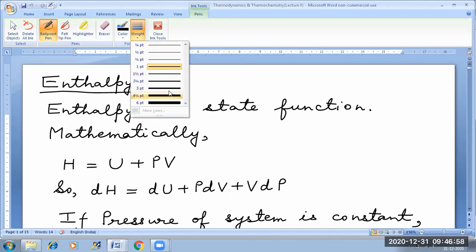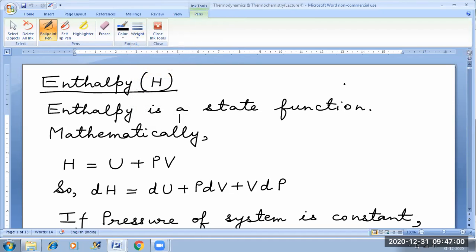Enthalpy. Capital H is called enthalpy. What is enthalpy? Enthalpy is heat, but it is that heat when the pressure of the system is constant. So in general, we say everything heat.